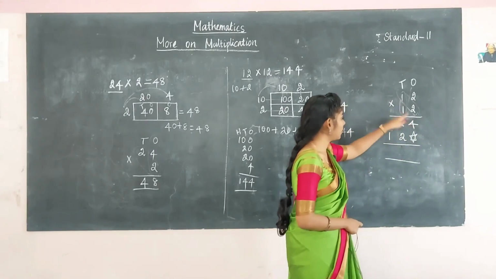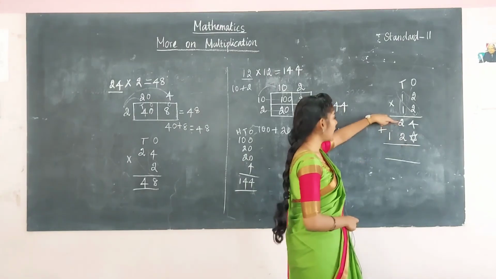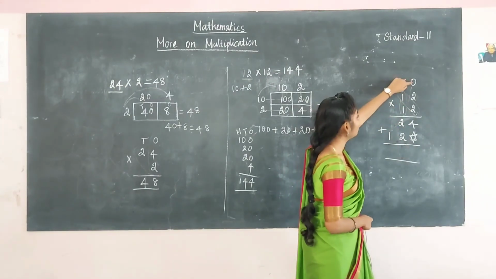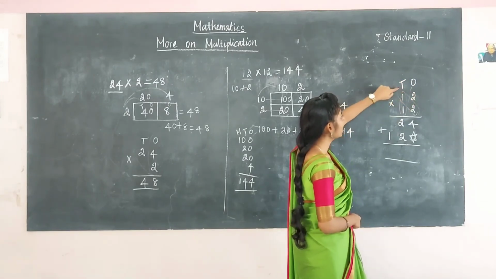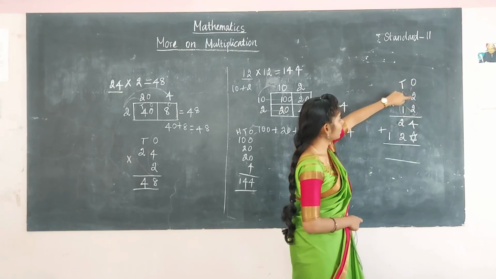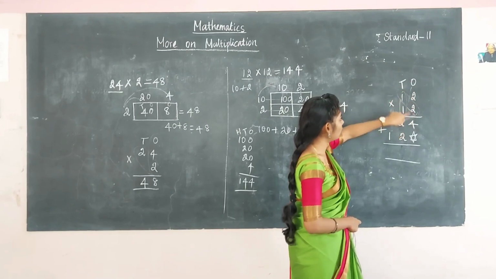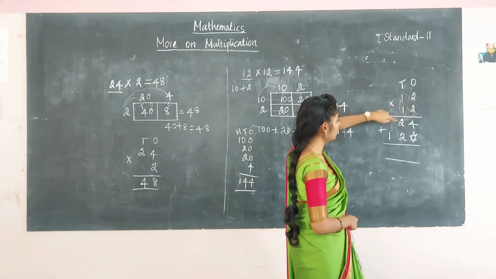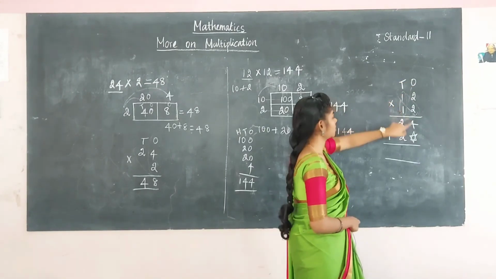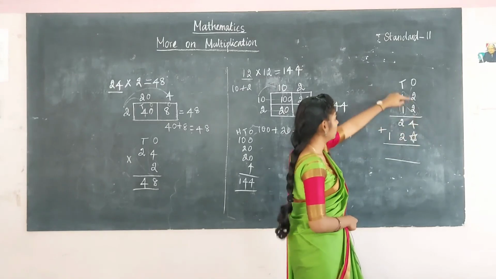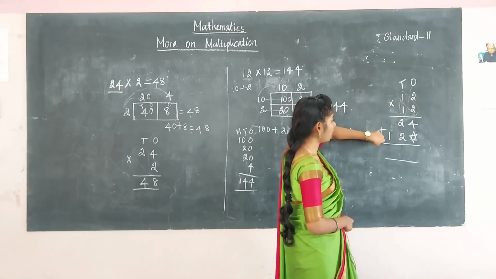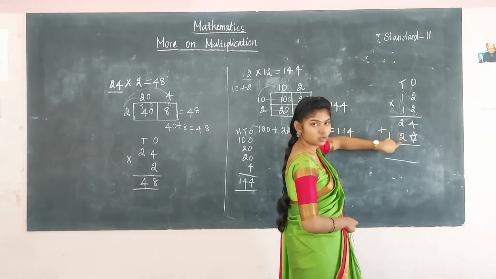First we have multiplied the ones place and the ones place, and the tens place and the ones place, and we have written here: 2 2s are 4 and 1 2 is 2. And here, ones place and the tens place we are multiplying, so we should not write here. So 2 ones are 2 and in the tens place 1 one is 1. So now we have to add these two numbers.